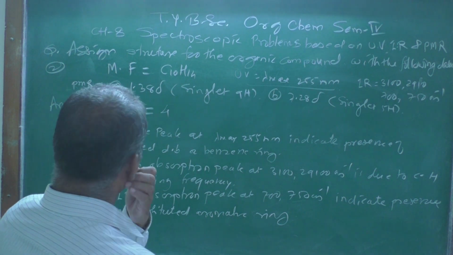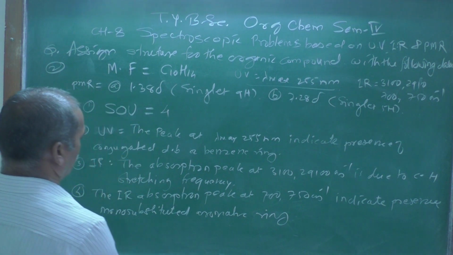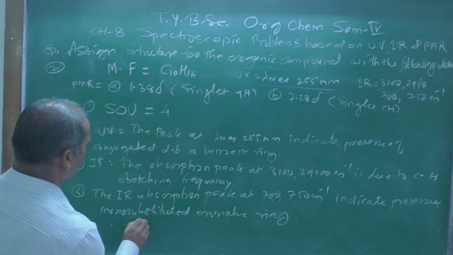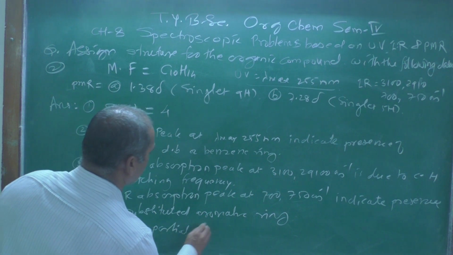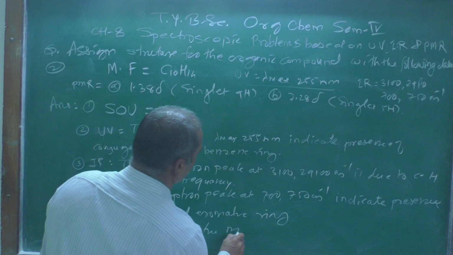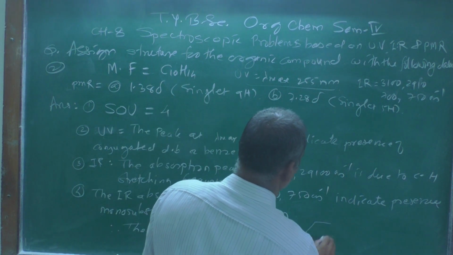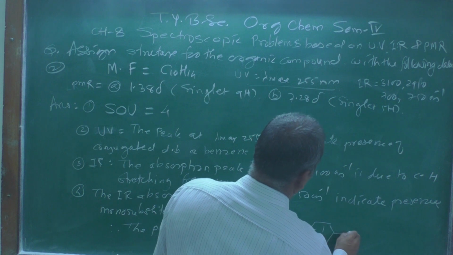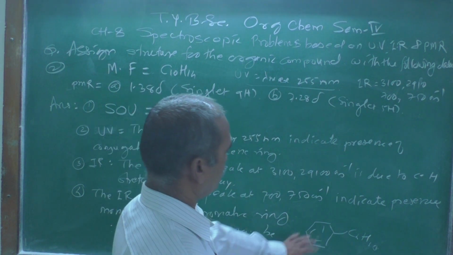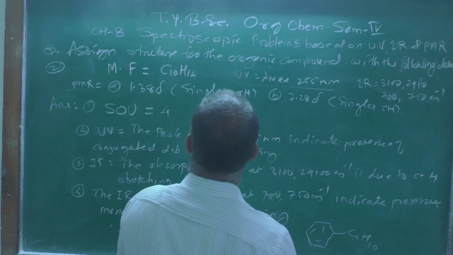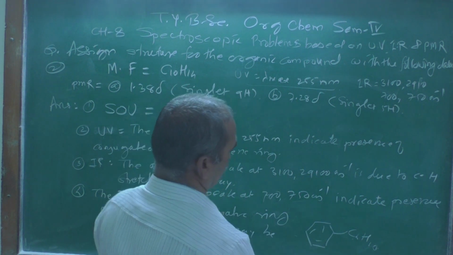And therefore the partial structure may be this one, C4H10, because C6 and then 5 and the remaining is 10.